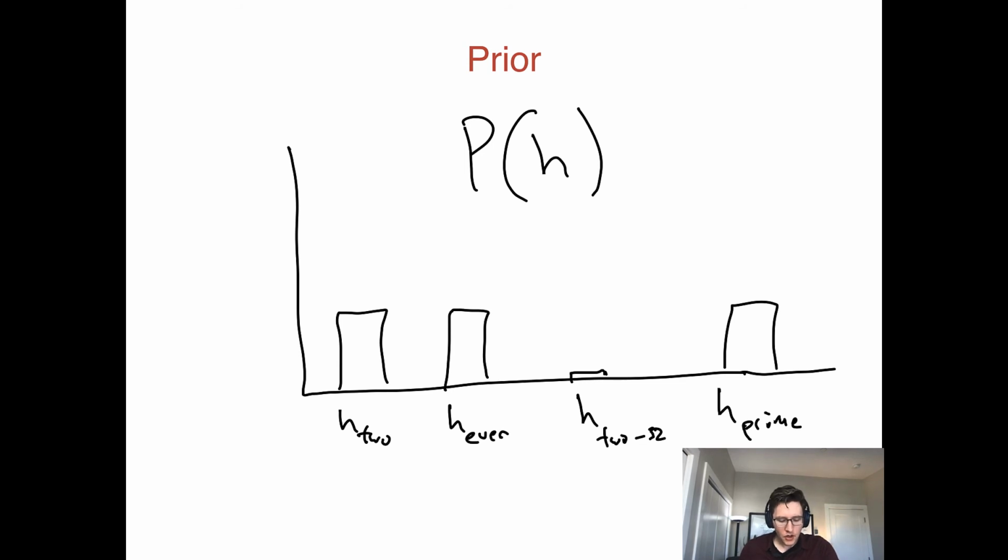We probably put some high probability on h2 and h even, that is the powers of 2 and the even numbers, because we think of those as reasonable concepts. And we might also put a high probability on some other hypothesis, like that we see the prime numbers, but the powers of 2 minus 32, we don't think is very reasonable.